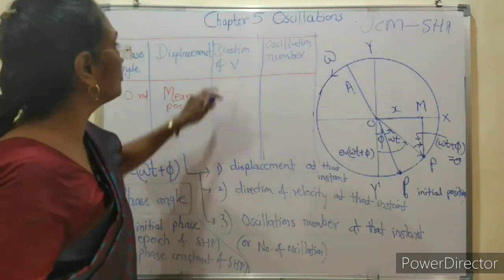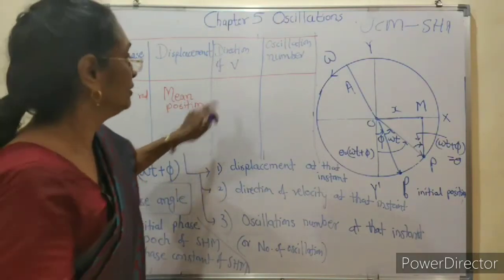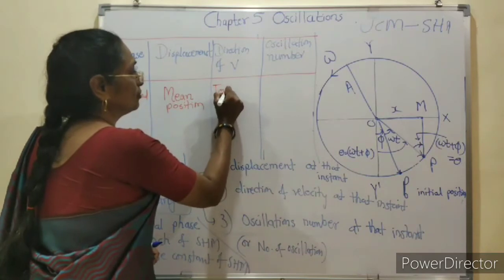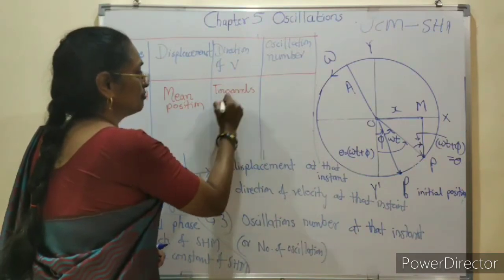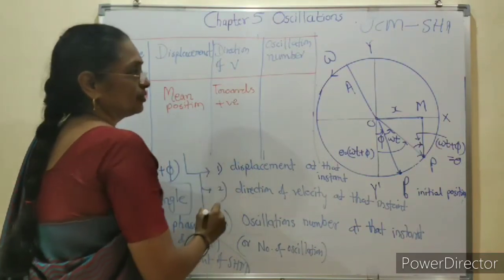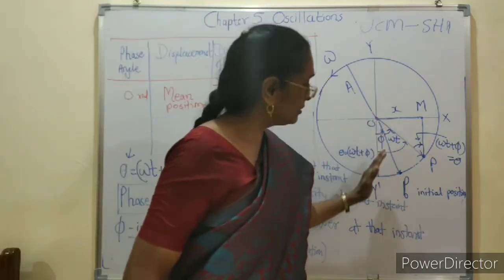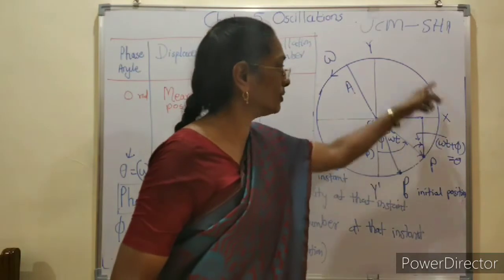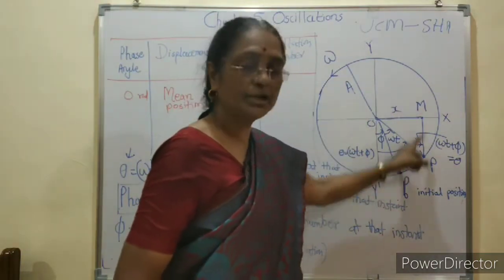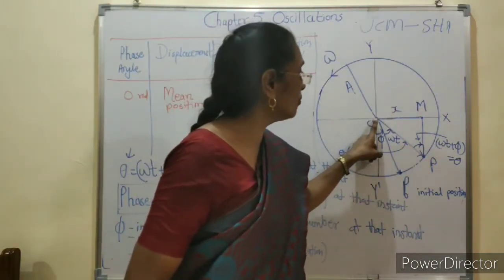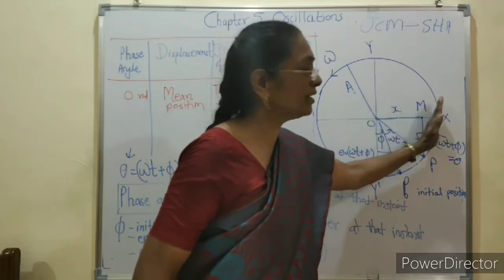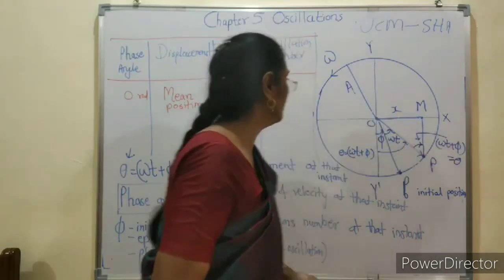Then what can we say about the direction of velocity? It is towards positive, because the particle is at O and P is moving in the anti-clockwise direction, therefore this M particle is definitely going towards the positive.